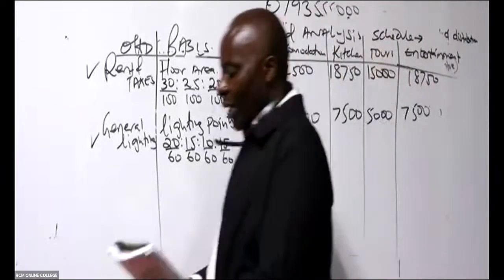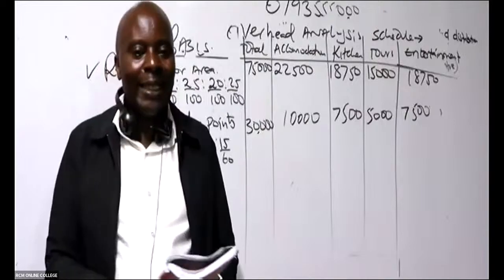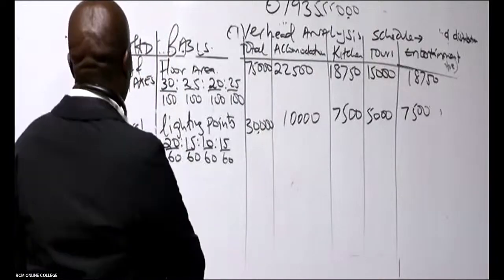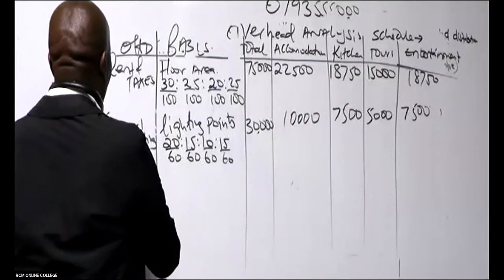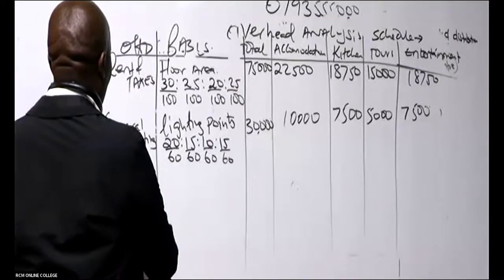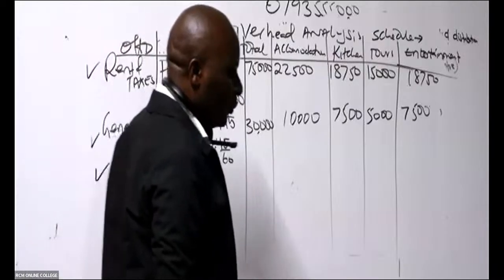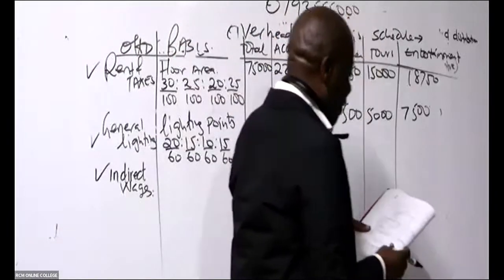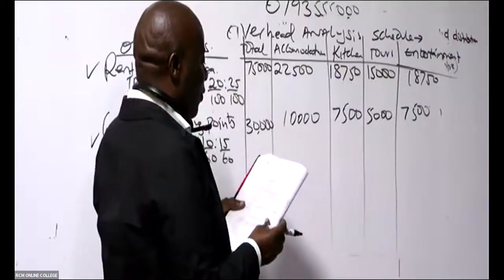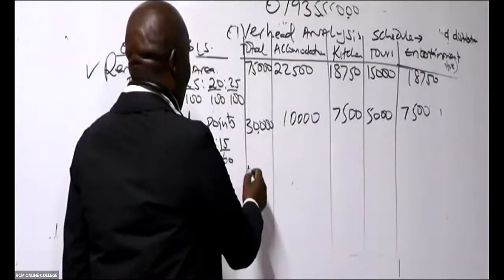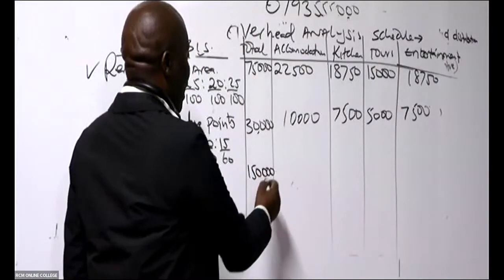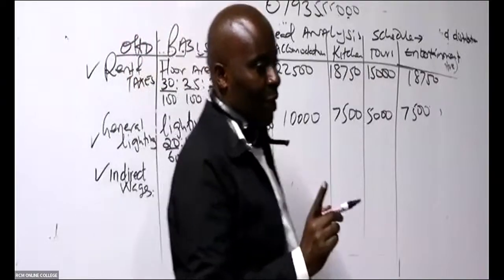We take the next one. The next one is known as indirect wages. So indirect wages, I can see a figure of, is it 150,000? Are you able to see 150,000 for indirect wages?